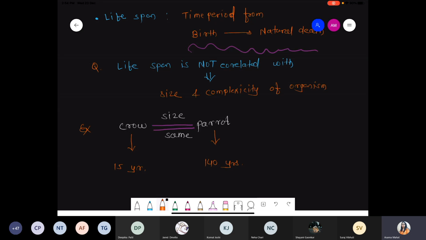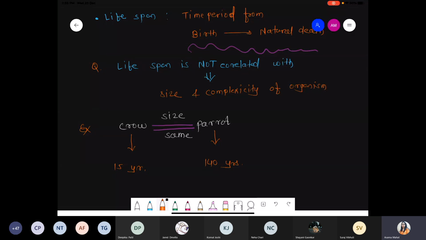So please remember this point, lifespan, that is the total time period from birth up to natural death, is not correlated with size as well as not correlated with complexity of the organism. You can remember another example also, mango and the people. Mango plants basically have a shorter lifespan. But when you compare that with people, people live quite longer than mango.